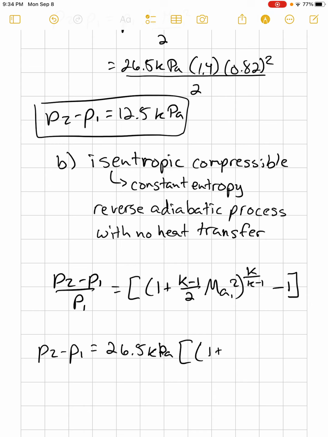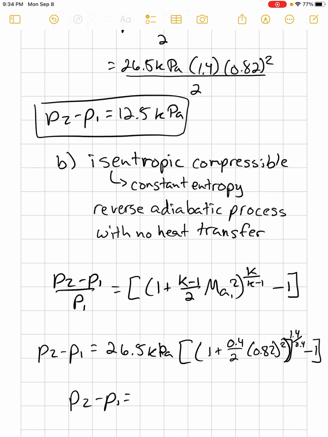Okay. Then we're going to have 1 plus K minus 1. Well, K is 1.4 minus 1. That's going to be 0.4 over 2 times 0.82 squared. And all of that will be to the K over K minus 1. So that's going to be 1.4 over 0.4, minus 1.